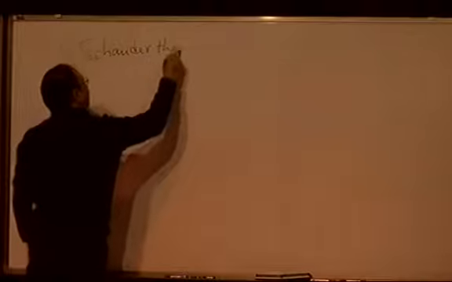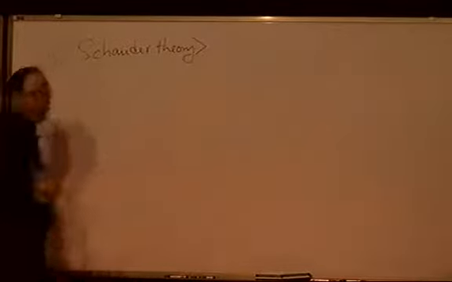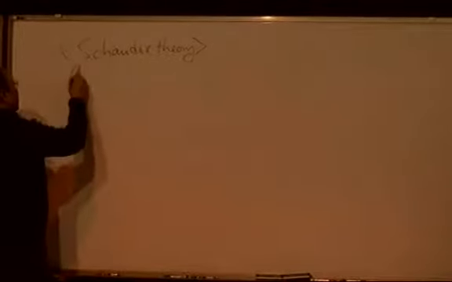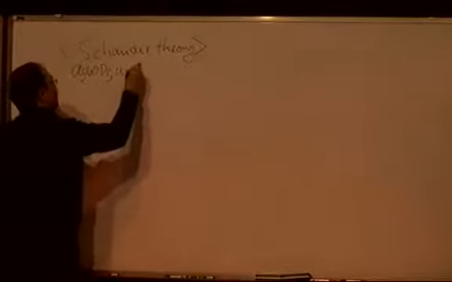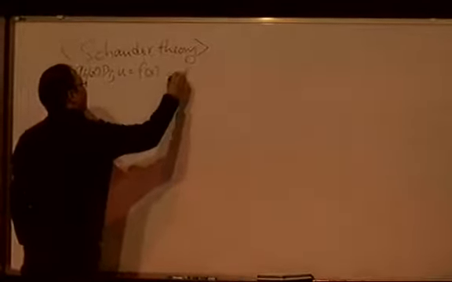So let's think about Schauder theory. And there are three main steps. So let's say you have the equation A sub ij of x, d sub ij of u is f of x. That's what we're going to consider in this lecture.